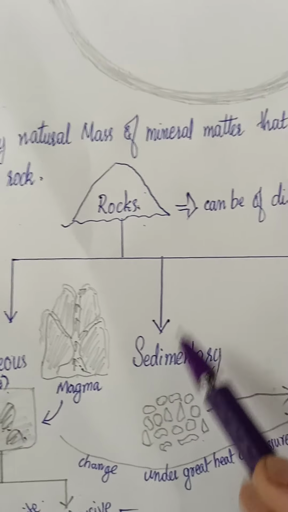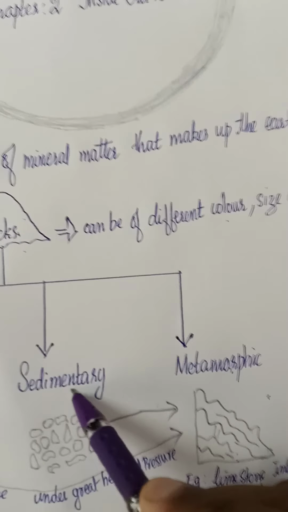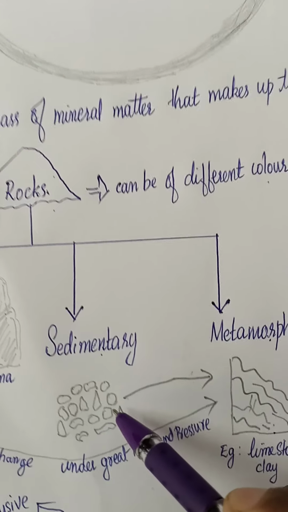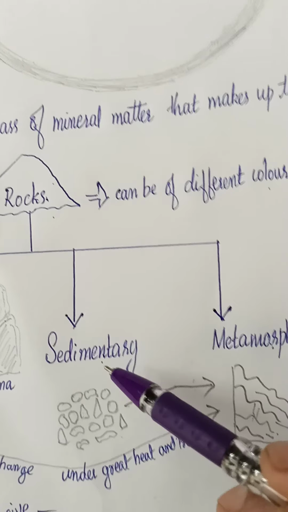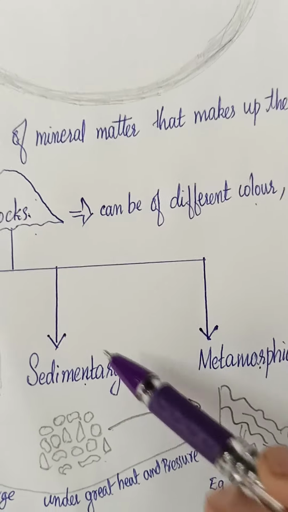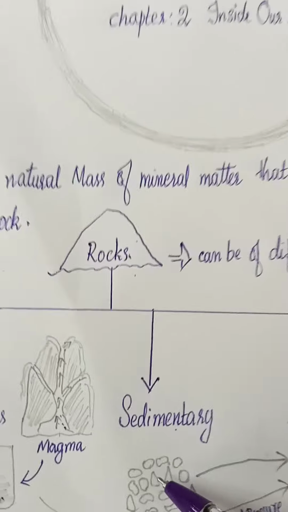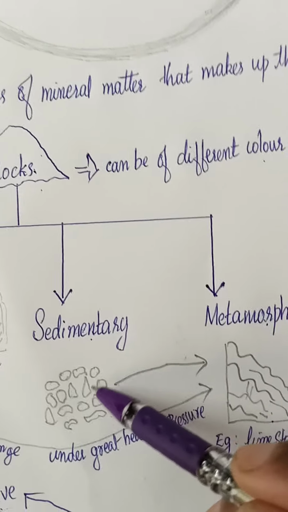Another type of rock is sedimentary rocks. Sedimentary rocks are formed when rocks roll down, crack, and hit each other and are broken down into small fragments or pebbles.